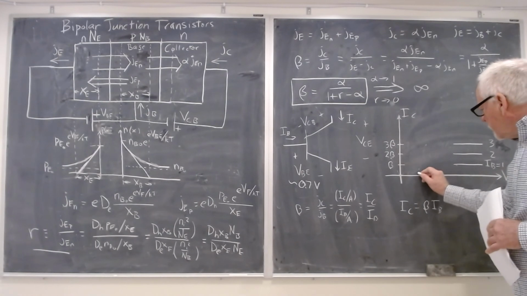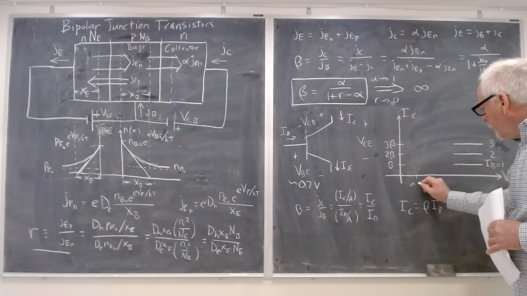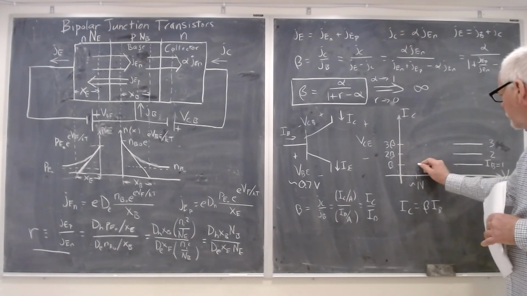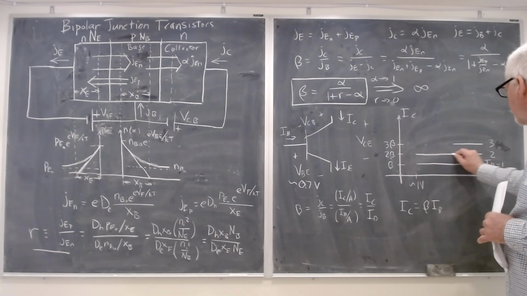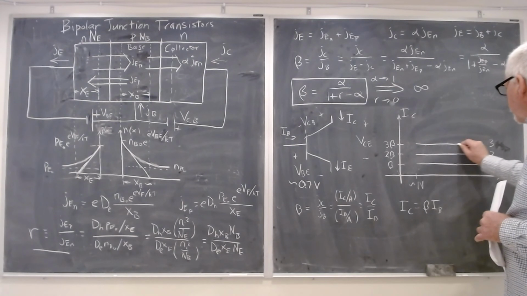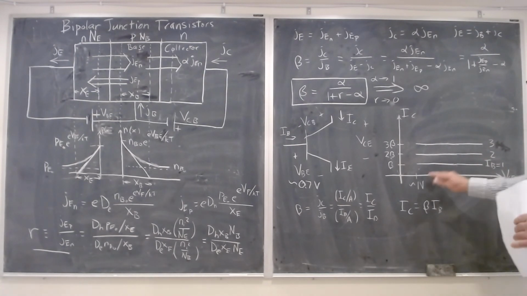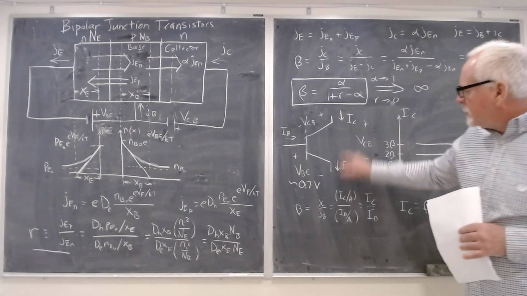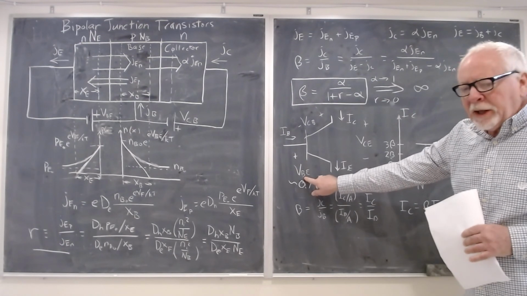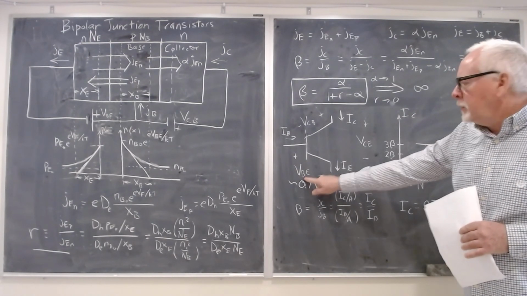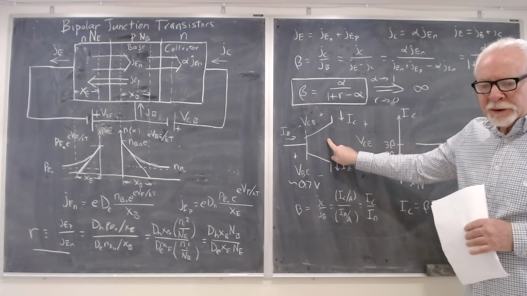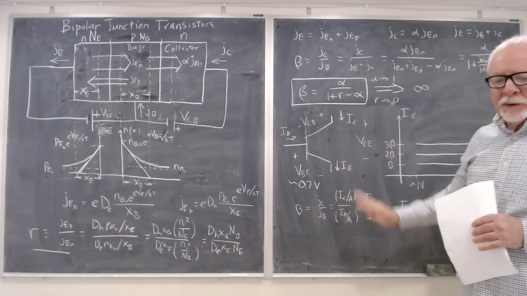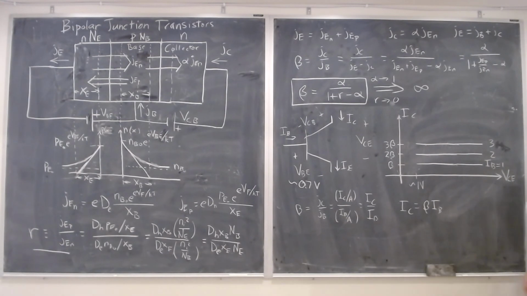So this works down to somewhere around a volt. And then when VCE gets below a volt, because VBE has to stay around 0.7, we start to run into a situation where that's not reverse biased anymore, and then something else happens. And we'll go over that next time.